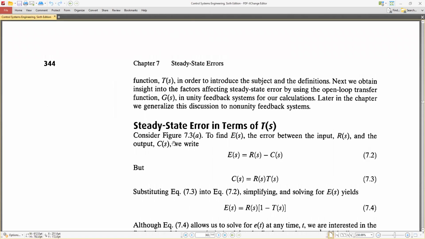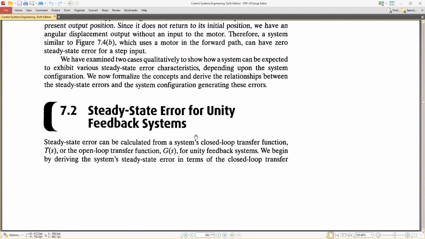Now, steady state error for a unity feedback system. If we have the unity feedback system, then what would be the steady state error?